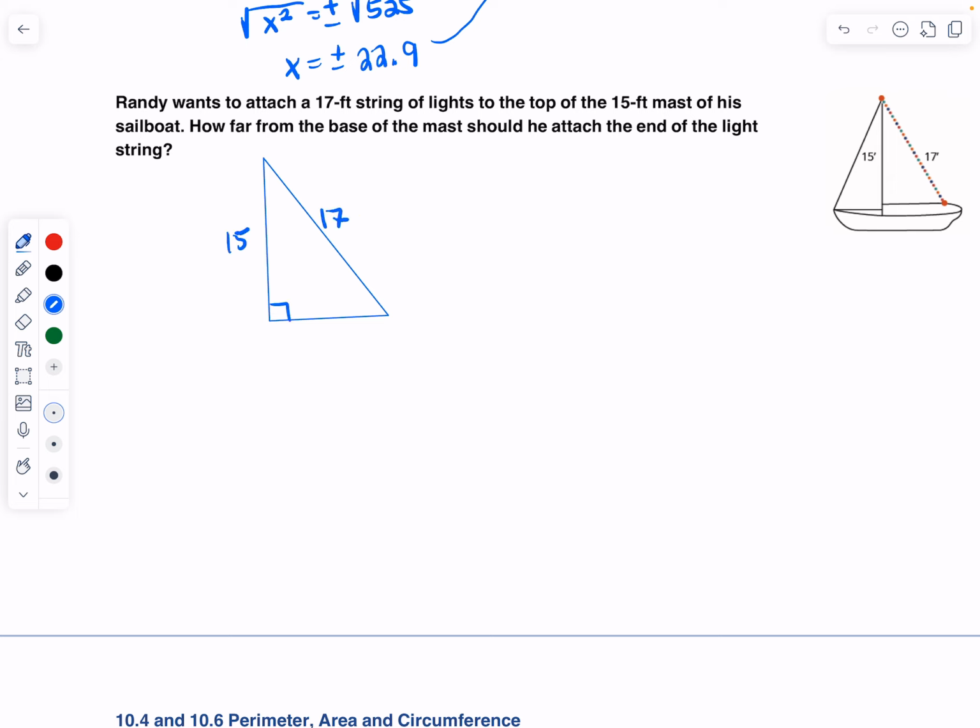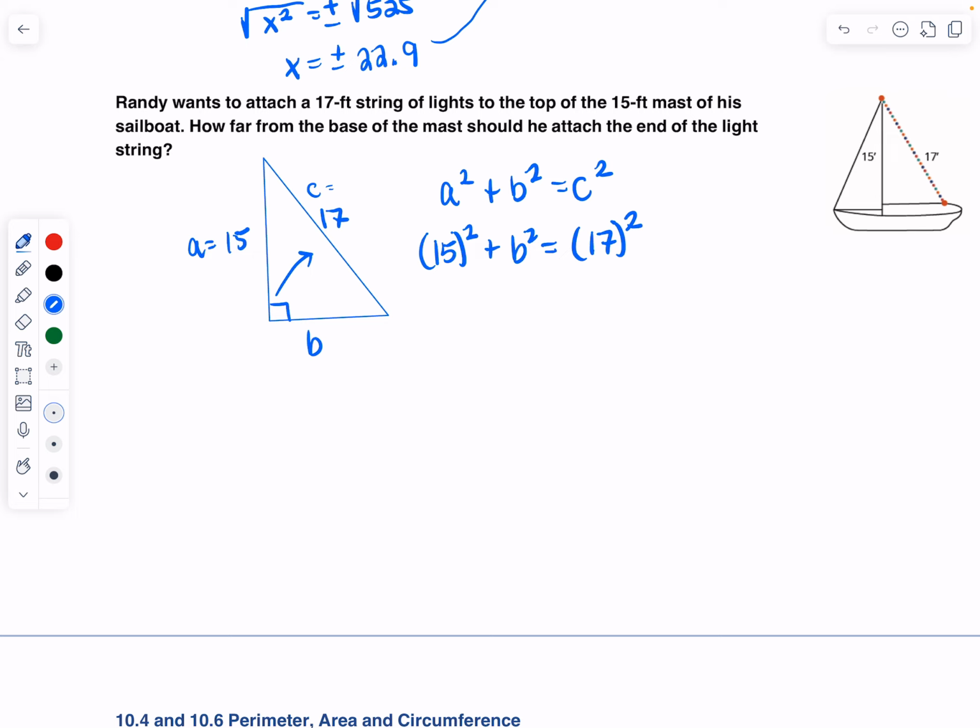Okay, so if I use Pythagorean, I'm going to let A equal 15, B equal the unknown side, and C is the hypotenuse, which is across from that right angle. So again, use Pythagorean. A squared plus B squared equals C squared. A is 15 plus B, we don't know, and the hypotenuse is 17 squared.